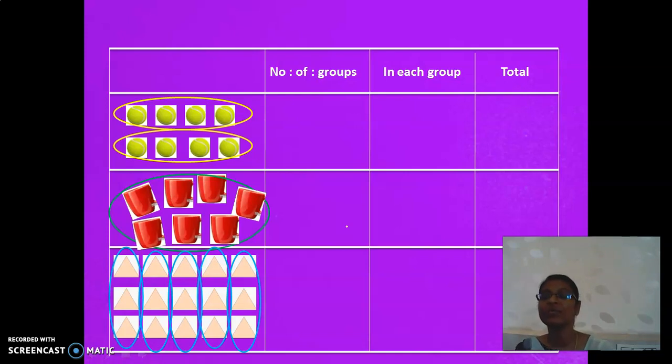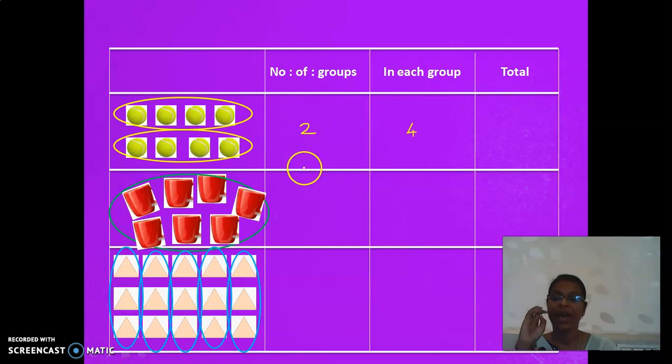Now see the first one. How many groups are there? Very good. I have 2 groups and in each group how many objects are there? Each means 1. Yeah, in each group I have 4 objects. Is it right? 2 groups are there.